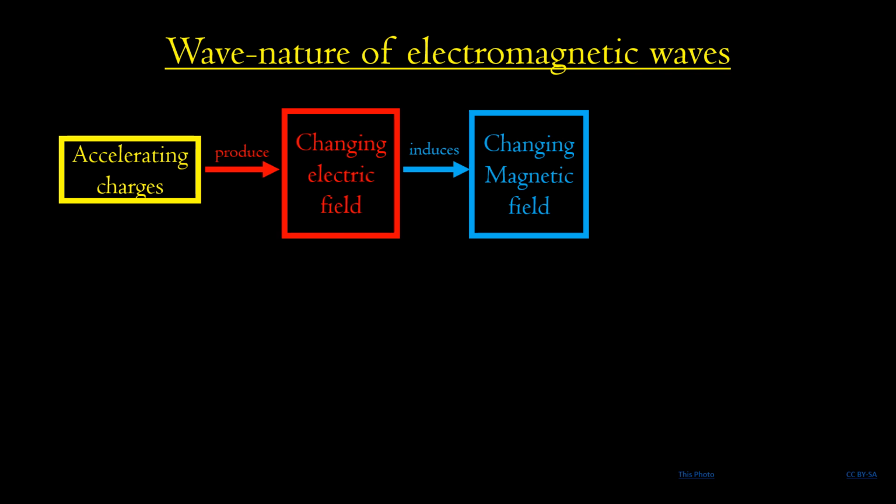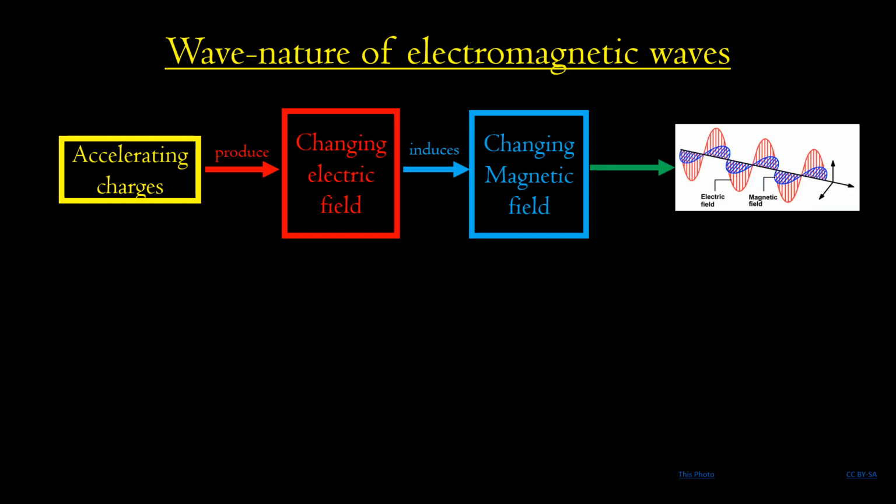So the electric field and the magnetic field are perpendicular to each other. The combination of the magnetic field and the electric field creates what we call an electromagnetic wave.